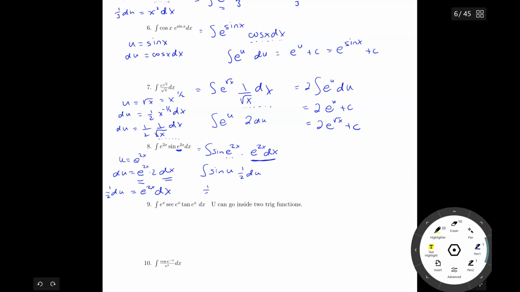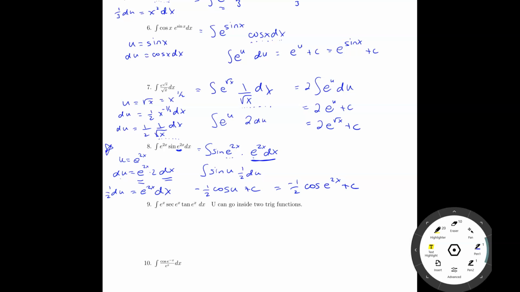So this is just the integral of sine, which is negative cosine, and then I put the x's back in. All right, so I had to be careful not to put the u in here and think about how to get the du back in. So this is a good hard problem, so put a little star by that to remind yourself.